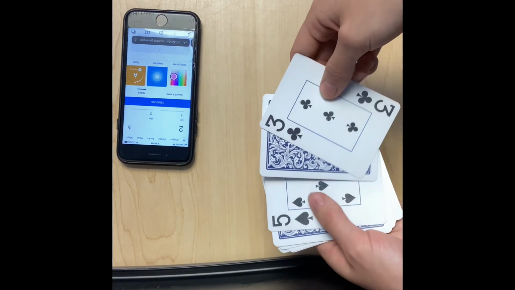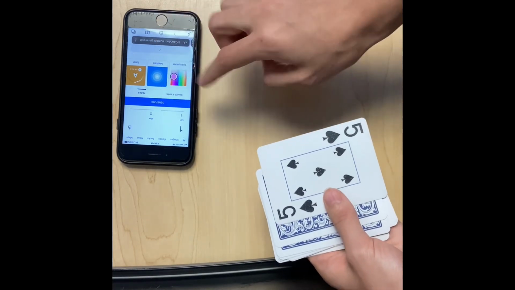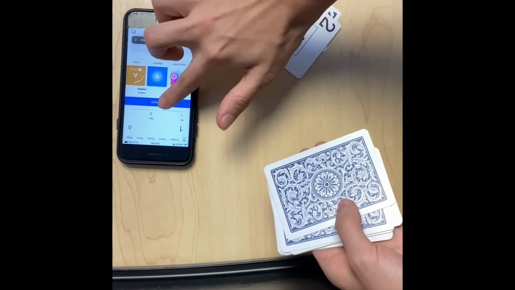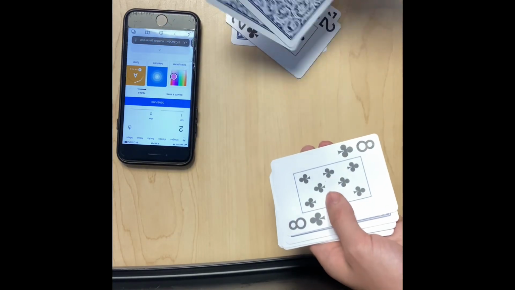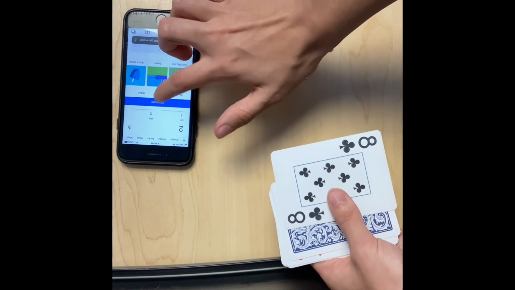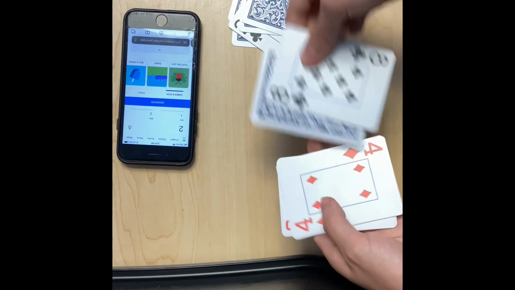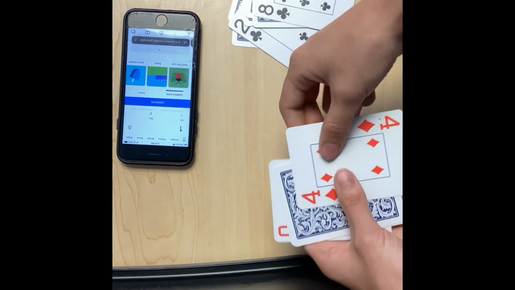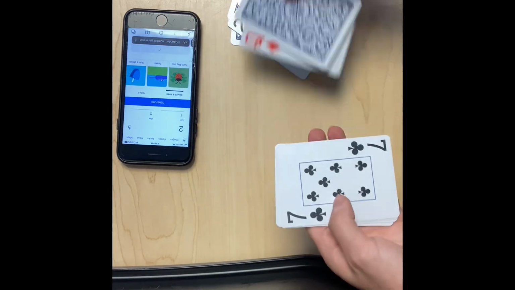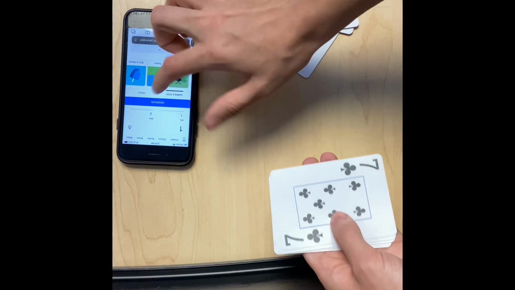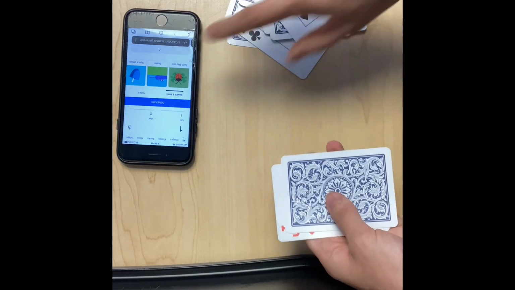So 2 means no flip. 1 means flip. 2 means no flip. 2 means no flip. 1 means flip. 2, no flip. 1 is flip. And lastly, 2 is no flip.